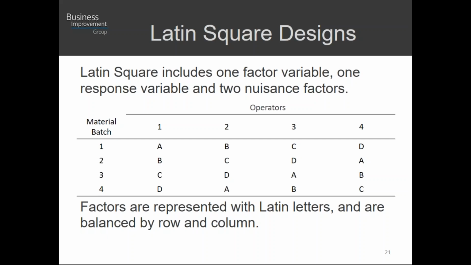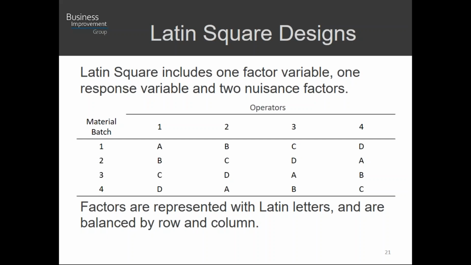But the difference between this and the prior example is that the factors are no longer randomized. They're structured in a way that we say provides balance in both rows and columns. What I mean by that is, if you look across any row, each treatment, each letter will be represented once and only once.